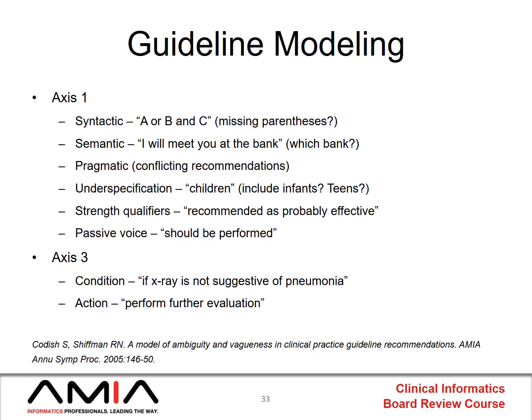Axis 3, the other axis in this Schiffman paper, includes a few other types of ambiguities, including conditional ambiguity, where there may be an if-then statement, but it's missing enough precision for me to be able to translate it into a computable format. An example of this is a phrase like, if the x-ray is not suggestive of pneumonia.